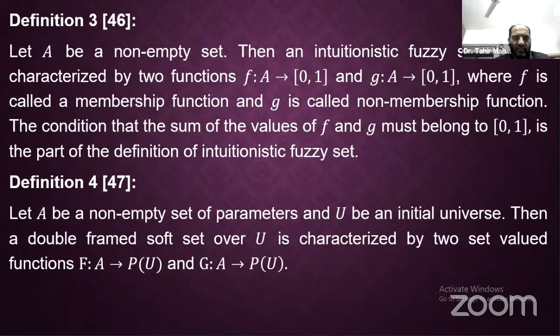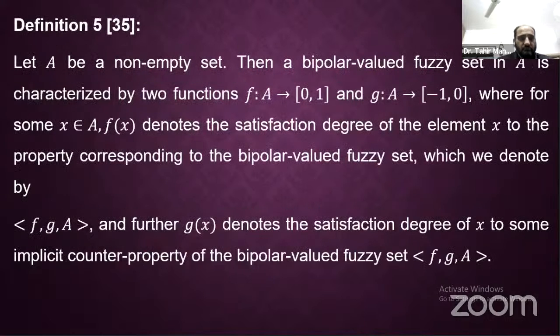The condition that the sum of the values of f and G must belong to [0, 1] is part of the definition of an intuitionistic fuzzy set. Next, we have the definition of a double-framed soft set. Let A be a non-empty set of parameters and U be an initial universe. Then a double-framed soft set over U is characterized by two set-valued functions, f from A to the power set of U and G from A to the power set of U.